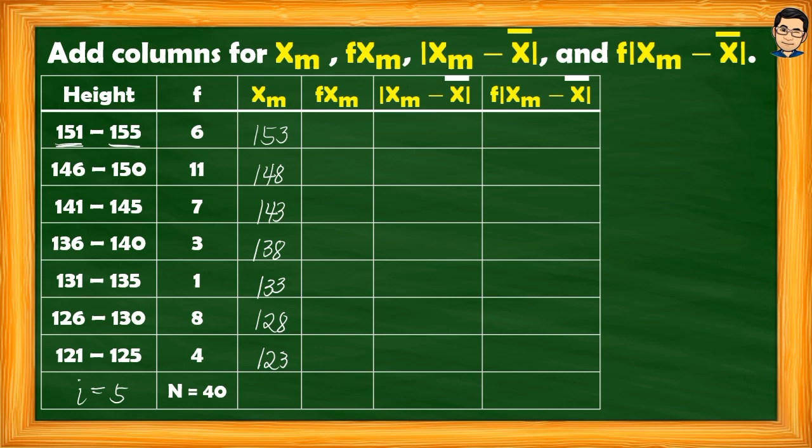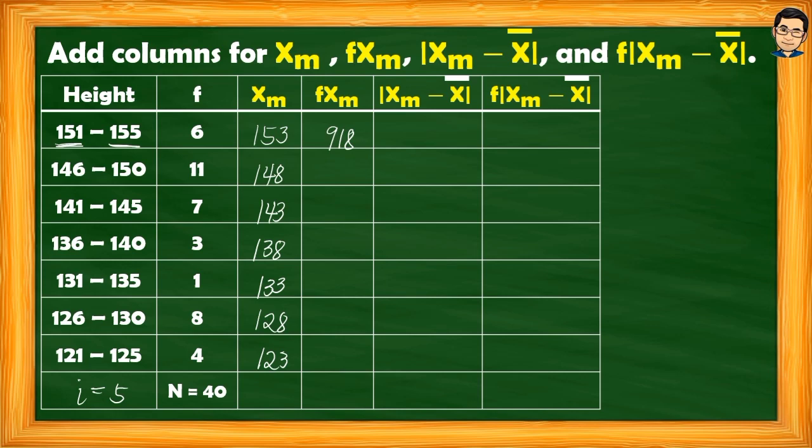Next, in the column for the product of frequency and midpoint, we multiply the frequency and class mark, just like how we compute the mean, because that is what we get first. We need the product of the frequency and the midpoint. 6 times 153 is 918.